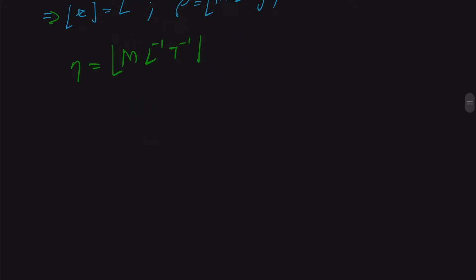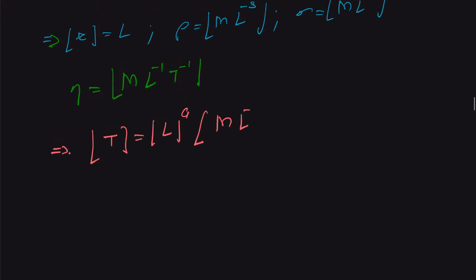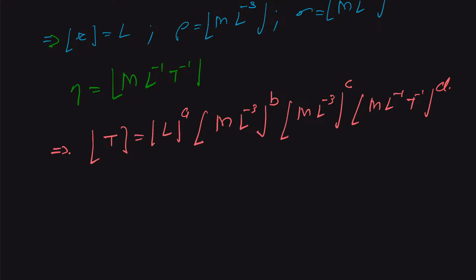So from here we get that t is equal to L raised to power a, and we have M L minus 3 whole raised to power b, and then M L minus 3 whole raised to power c, and then M L minus 1 T minus 1 whole raised to power d. And we can just sort it out.